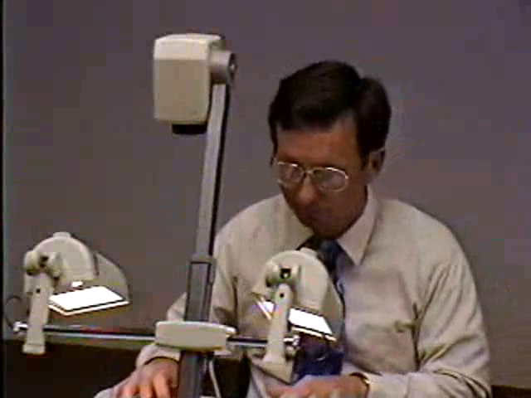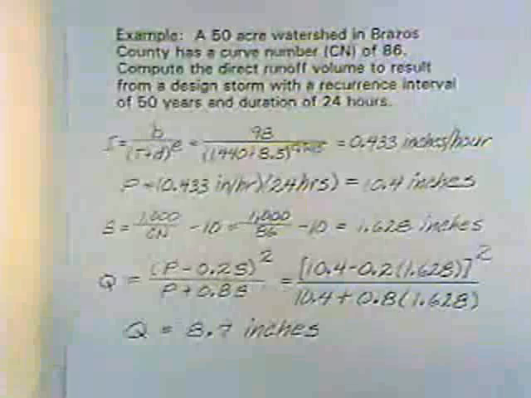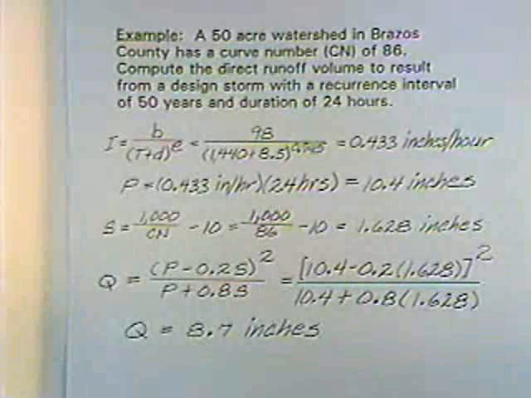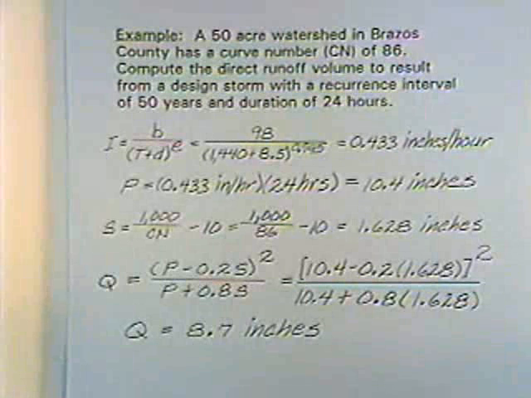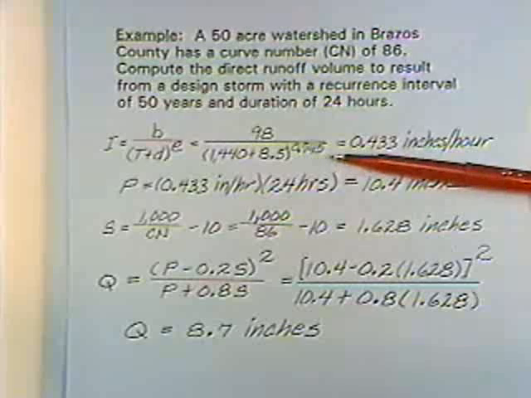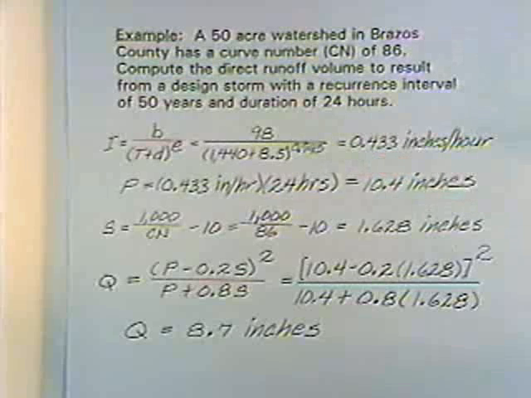And in the example here, we're running out of time, we'll go through this very quickly. We've got a 50-acre watershed in Brazos County. We got a curve number estimated to be 86. We want to compute the direct runoff volume to result from a design storm with a recurrence interval of 50 years and duration of 24 hours. We use the Department of Transportation regression equation with the coefficients which we've used already.